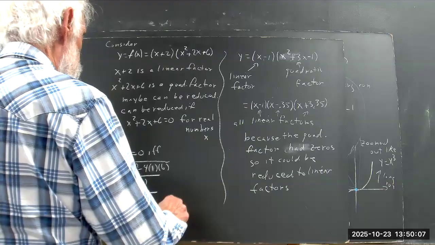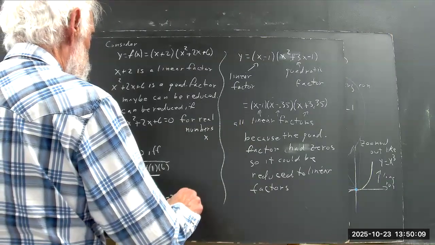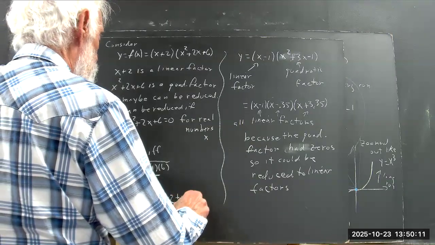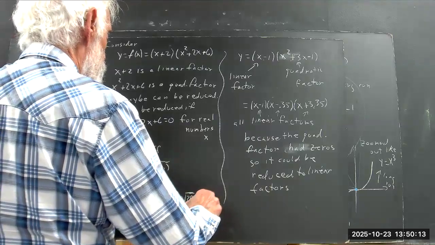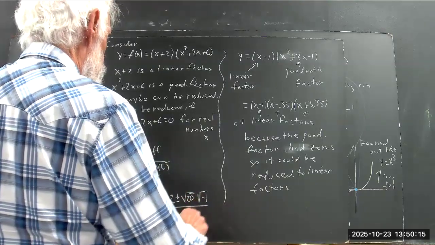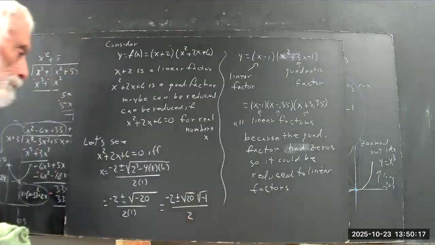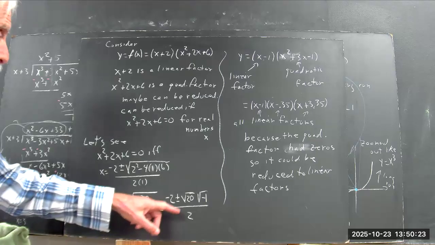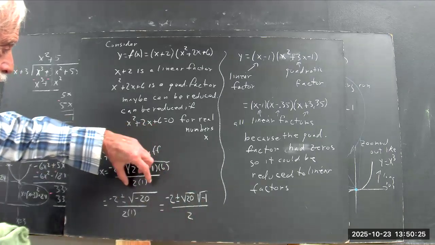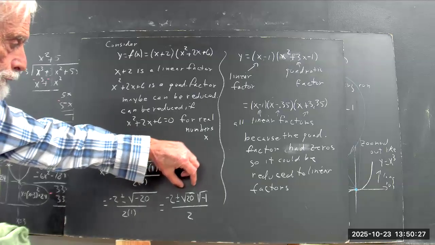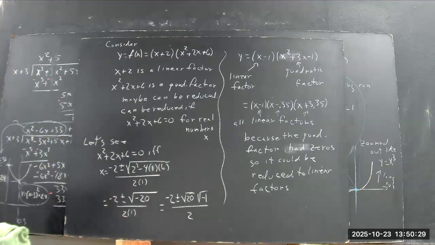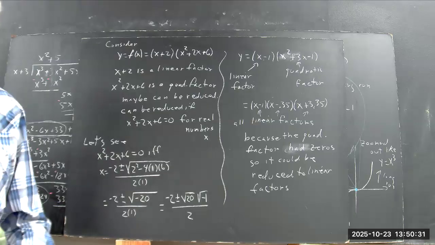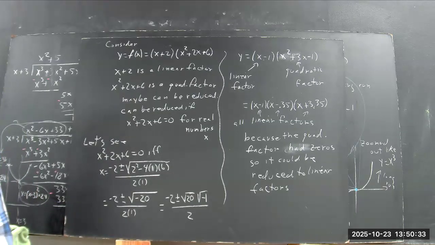So we say that's minus 2 plus or minus the square root of 20 times the square root of negative 1, all that divided by 2. Now, negative 20 is 20 times negative 1, so we can say the square root of negative 20 is the square root of 20 times the square root of negative 1. But what's the square root of negative 1? It's not a real number either.